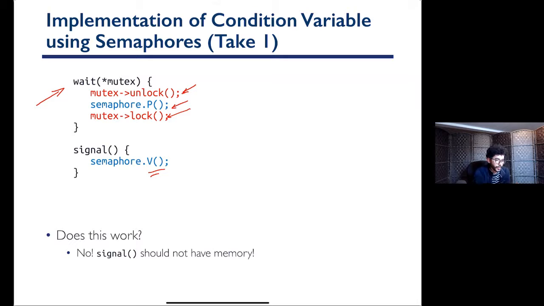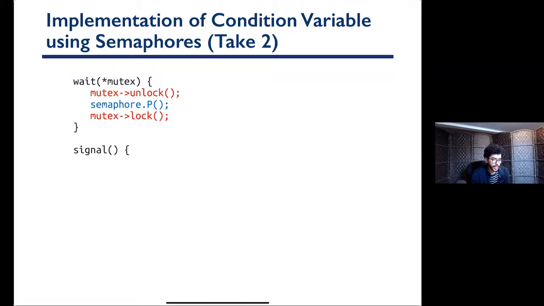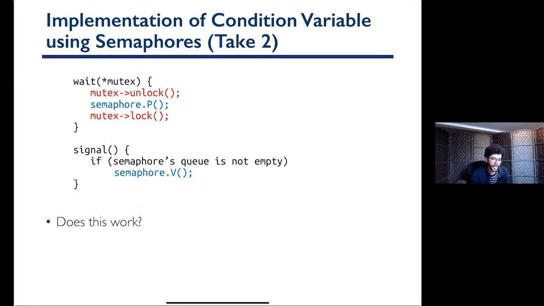So probably we want to check something before calling V. Maybe what we want to do is check and see if the semaphore's queue is non-empty, meaning that somebody has called P, then call V. Otherwise, don't call V. Now, conceptually this signal doesn't have memory, but practically it's not going to work.